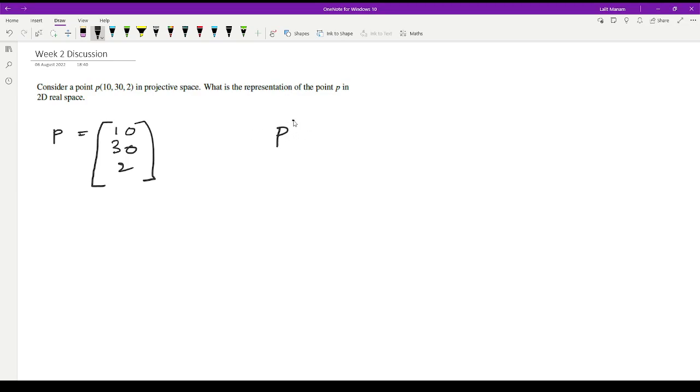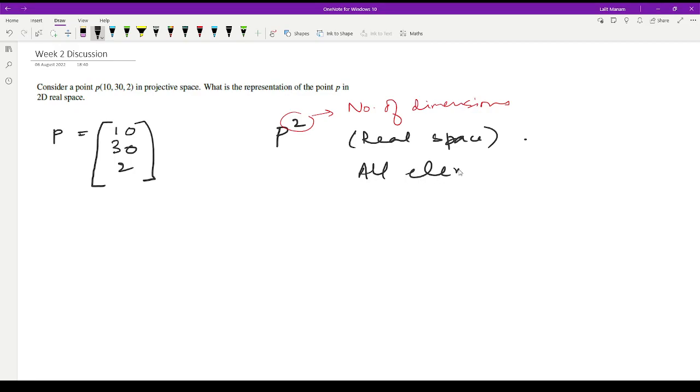So projective space in 2 dimensions. When I write P2, the 2 means the number of dimensions of projective space. And here we are assuming that the space is real space, in the sense all elements are real numbers.